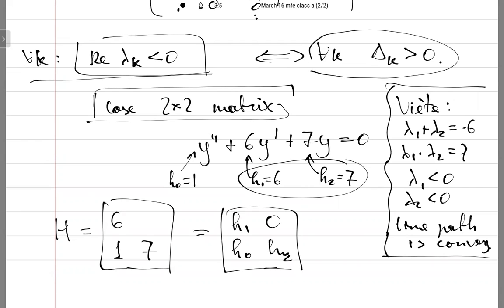So the first column is 6, 1 and the second is 7, 0. So delta 1 is just 6, which is positive. Delta 2 is 6 times 7, which is positive. And basically, the time pass is convergent. I have the same conclusion. Okay.